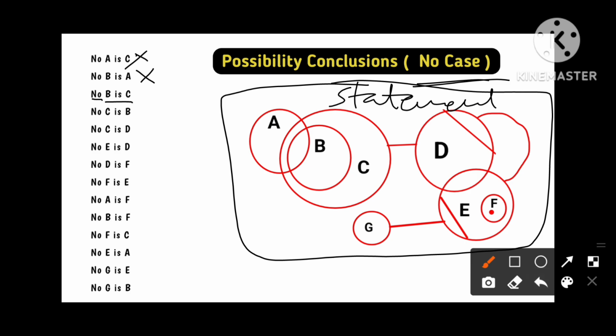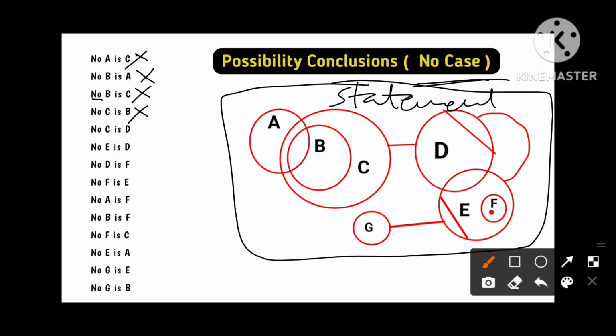No B is C. Some B is sharing with C. Here it is clear that B is sharing with C. B shares with C means some case is possible. Some possible means no case fails. No C is B. We see no means some part of C can share with B. Here some part of C is already B. So some case is possible. Some case possible means no case will fail.